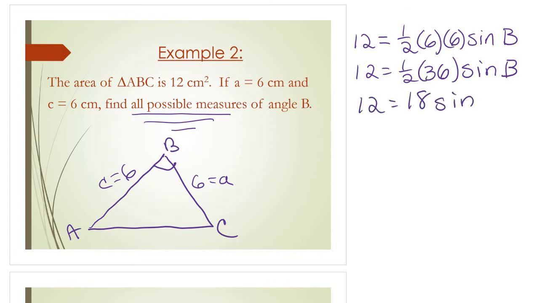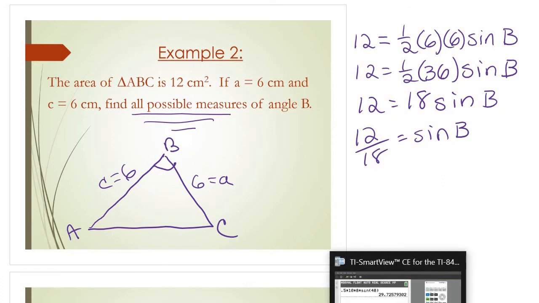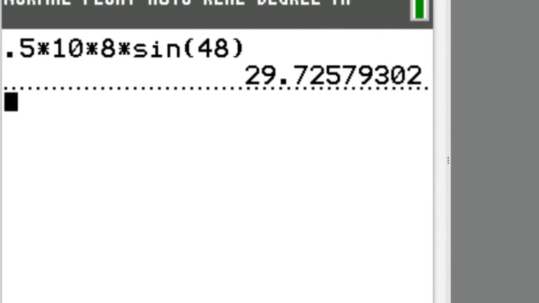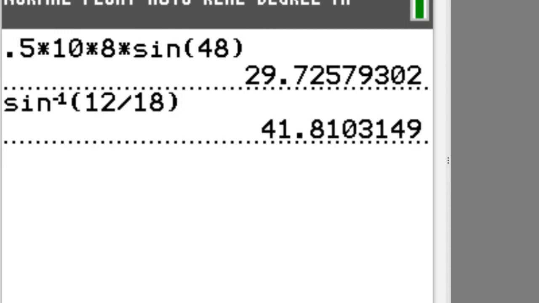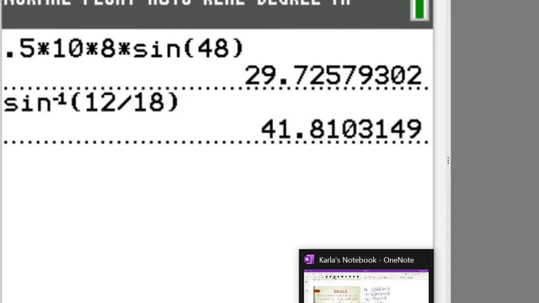All right, so now we have to go back to our calculator and do inverse sine. So second sine of 12 over 18 is 41.8 degrees.